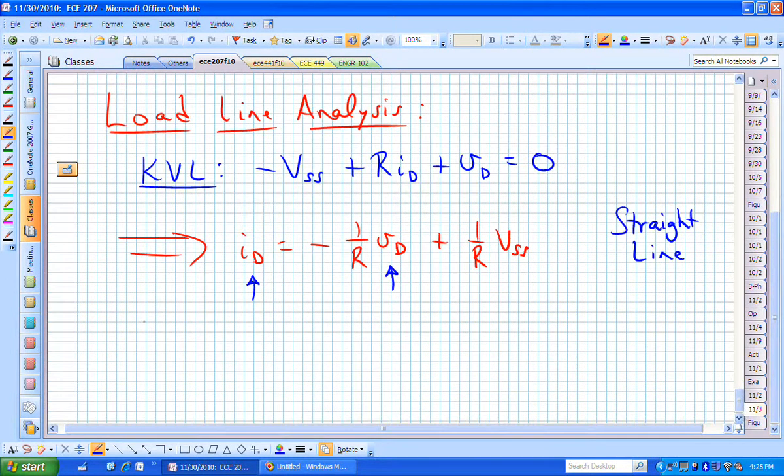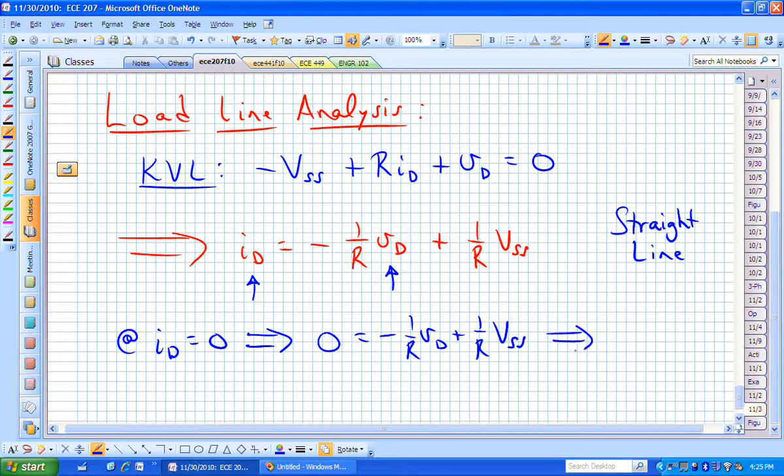Meaning, let's say at I sub D equal to 0, that now implies that we have 0 equals minus 1 over R times V sub D plus 1 over R times V sub SS. The R is just a number.